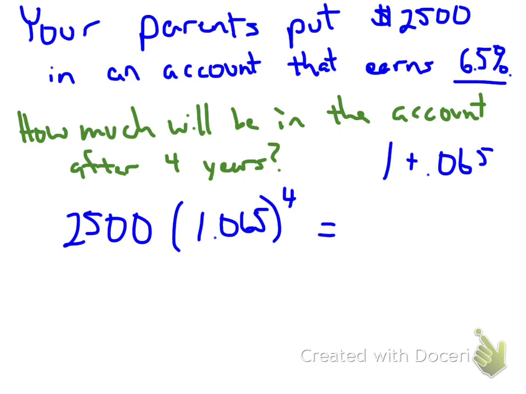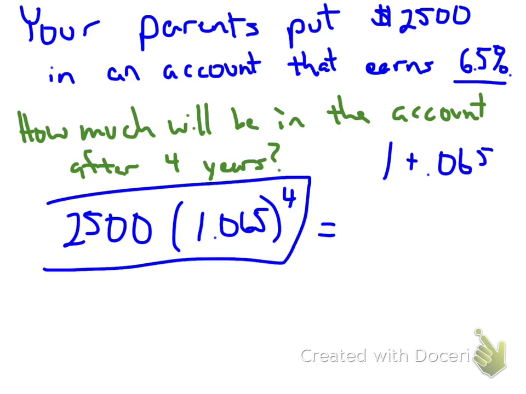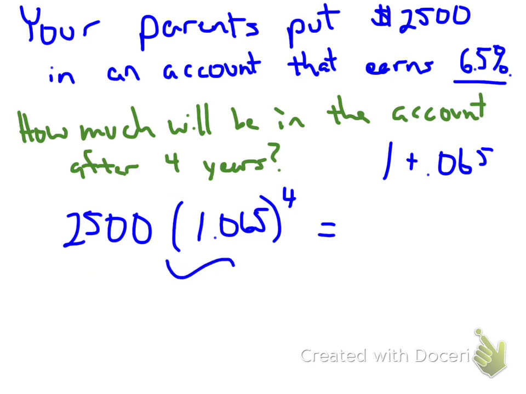So I put this into the calculator. Make sure you put this all in at once. Do not go through and round this number and then multiply it. So keep all your decimal points, multiply it by 2,500, and then round to 2 decimal places at the end. And the reason why we're rounding to 2 decimal places is because we're dealing with money, and money we round to 2 decimal places.